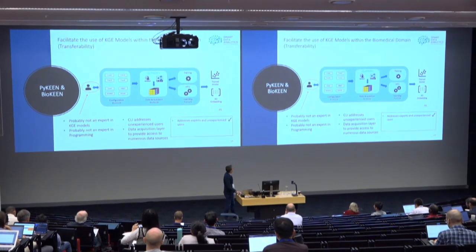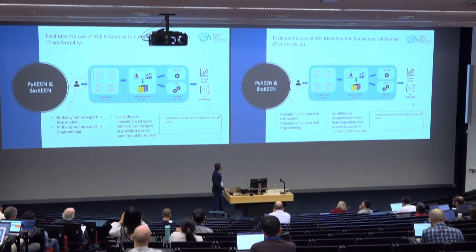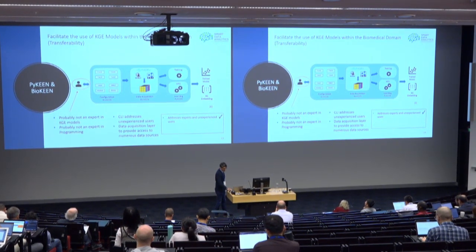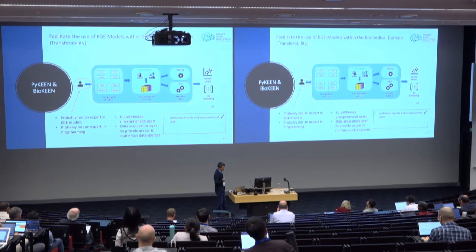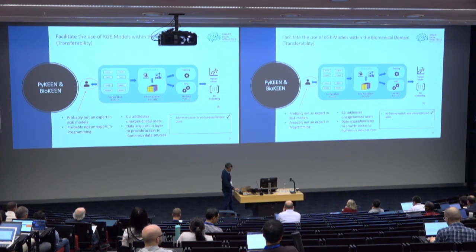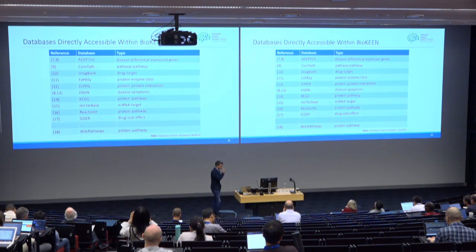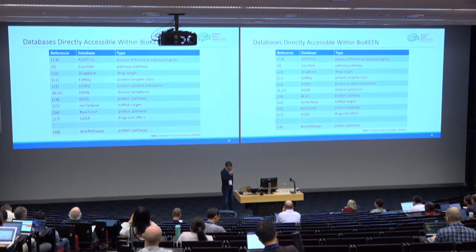So we address expert and inexperienced users with BioKeen, and we showed how we can specialize PyKeen for the purpose of other domains, such as the life sciences. BioKeen is the second component of our Keen universe, I forgot to mention this.